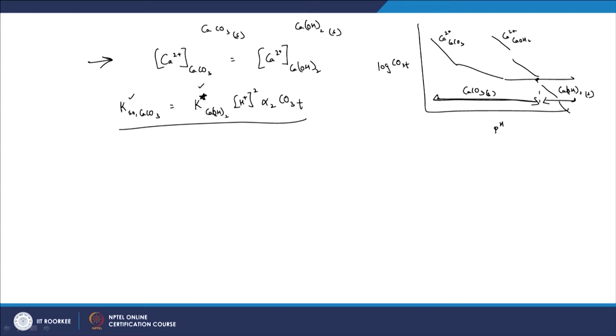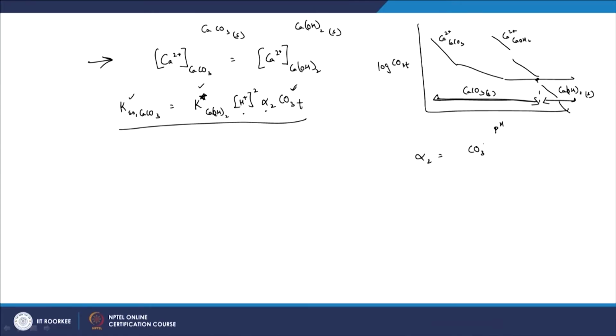And for a given scenario CO3 total is a constant. So what changes here? You see that alpha 2 will change with pH, and we know alpha 2 is nothing but CO3 2- by CO3 total.